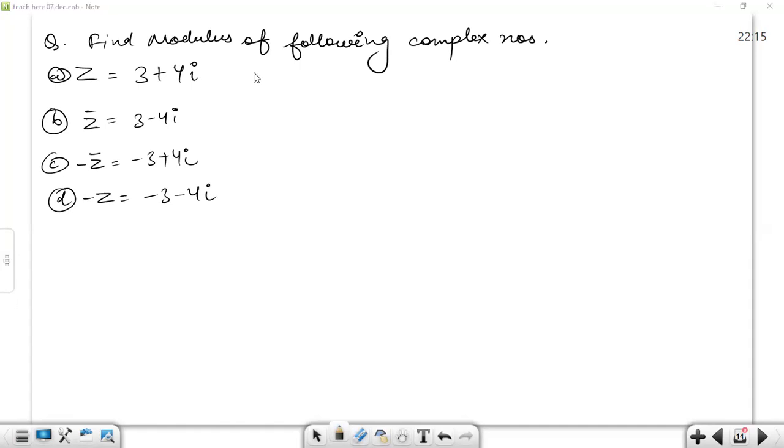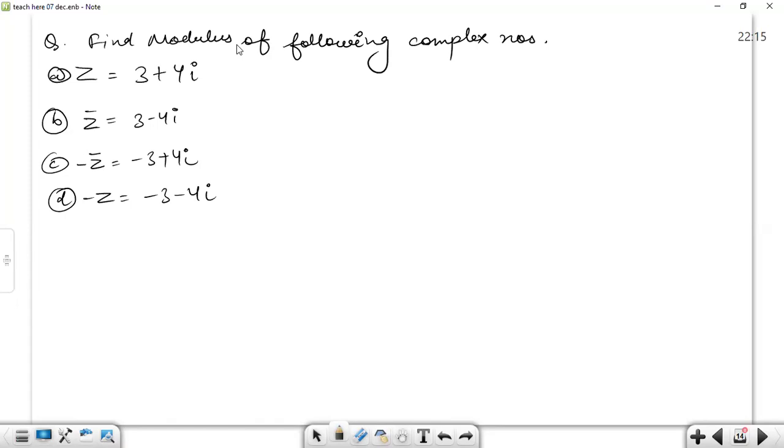Anyone? What is the modulus of this? What was x? x was simply the real part of the complex number. What is y? The coefficient of iota, simply the imaginary part.